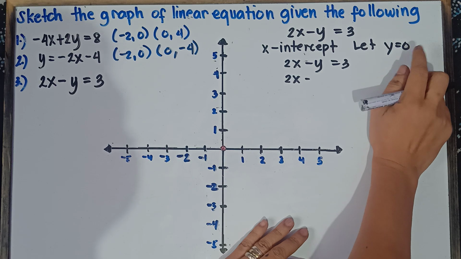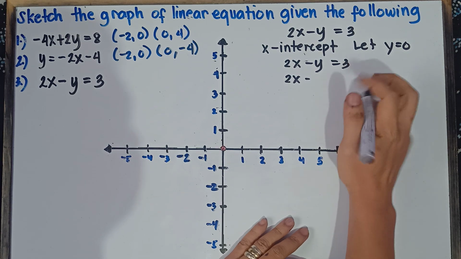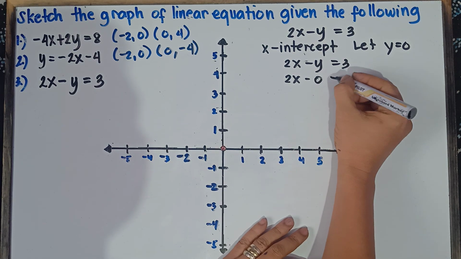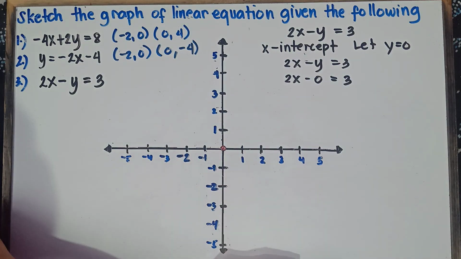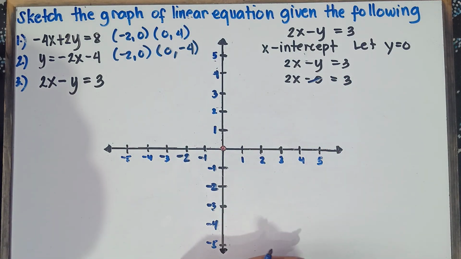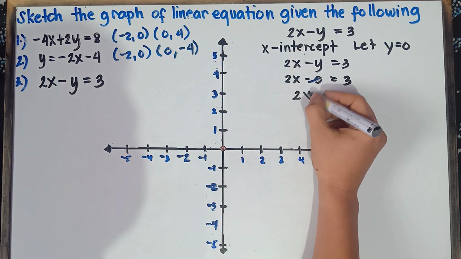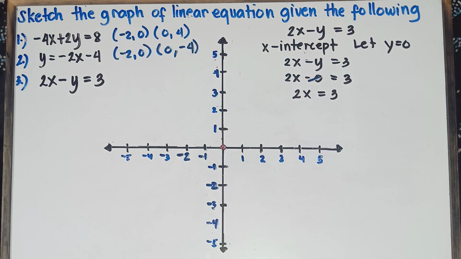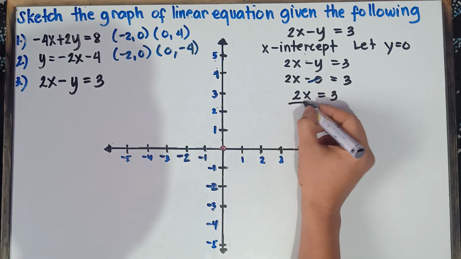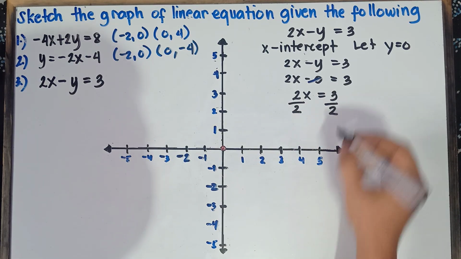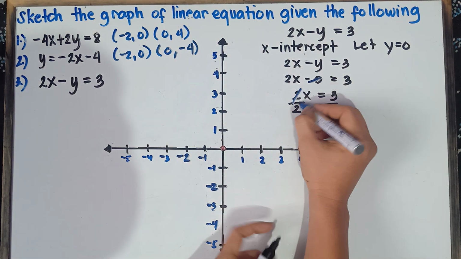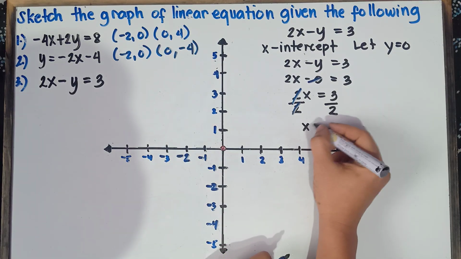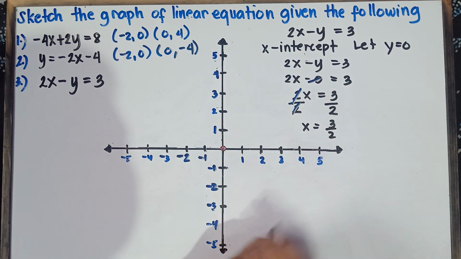Simply substitute the value of y, that would be 0. So this will be 0 equals 3. We can just cancel this out because this is 0. So this will be 2x equals 3. To get the value of x, simply divide both sides by 2. Cancel this out, and our x is equal to 3 over 2.